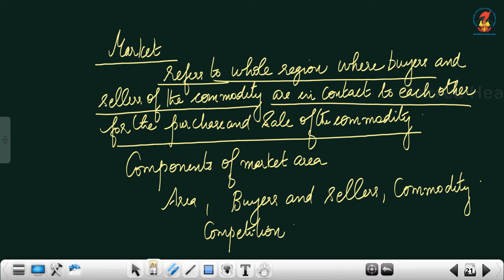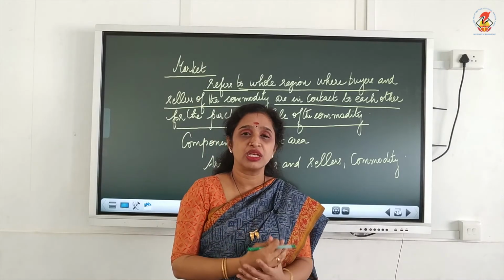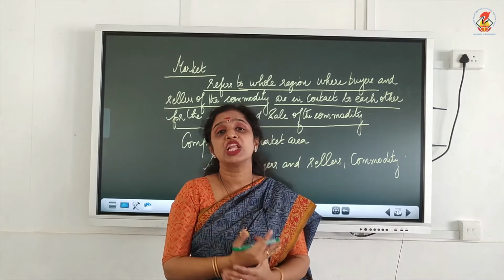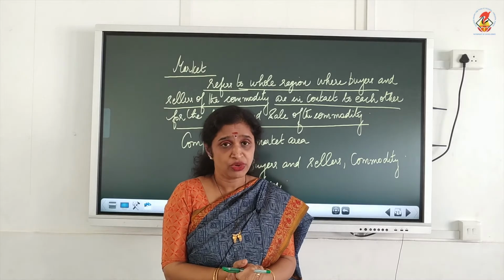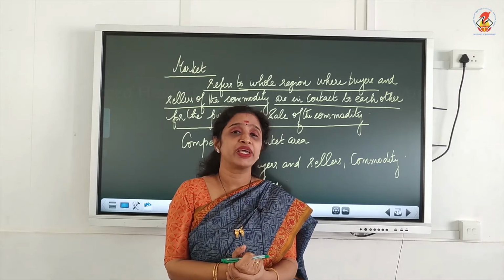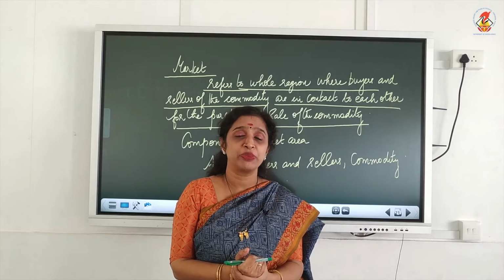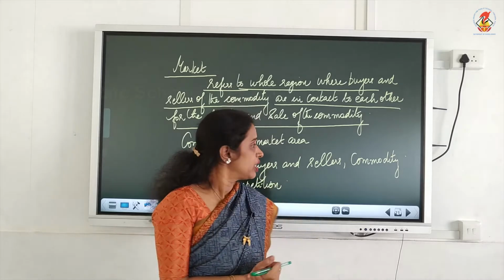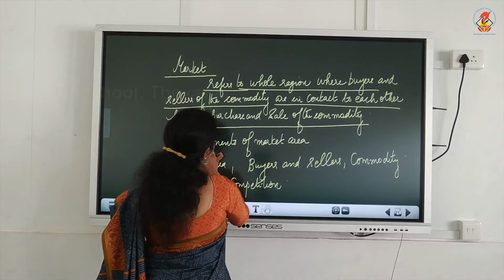So, market is a place where the buyers and sellers come into close contact with each other for the buying and selling process. You all have gone to the market, you have experienced, isn't it? There we can find the buyers and sellers coming into close contact with each other for the buying and selling process of the commodity.